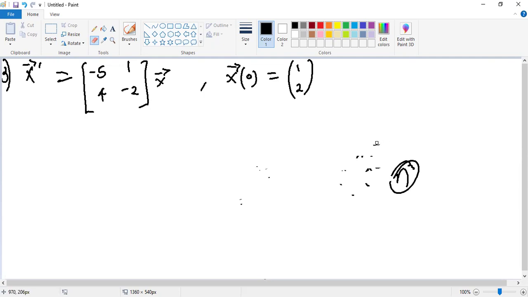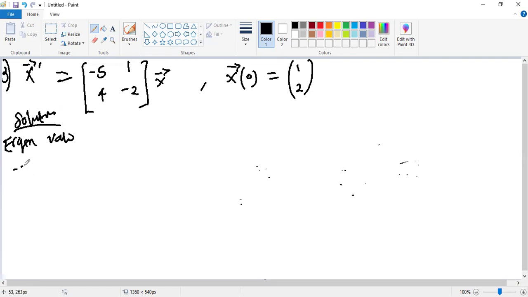This space is very small. I really wish I could do it here, but it might be tricky, but let's see. Now, this is our main matrix. We are just going to do it in short because now you guys know what we are doing. To get the eigenvalues, how are we going to go about it? It will be the determinant of -5 minus lambda, 1, 4, -2 minus lambda, equal to 0.